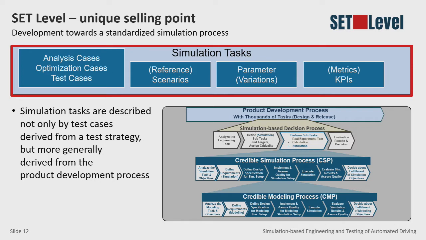Based on the engineering task, SuT level has further elaborated the credible simulation process, where we go from the analysis of the simulation task, objectives to simulation requirements, to design specifications, implementations, executions, evaluations, and deliver results to the decision process.